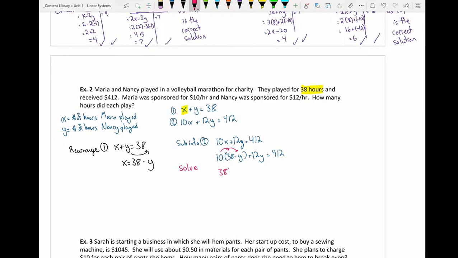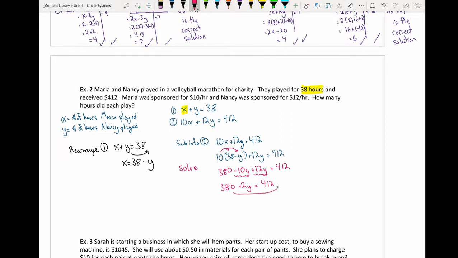So 380 minus 10y plus 12y equals 412. Now I can solve for my y value because that's the only one that's remaining. So I do have some like terms. So 380 plus 2y equals 412.